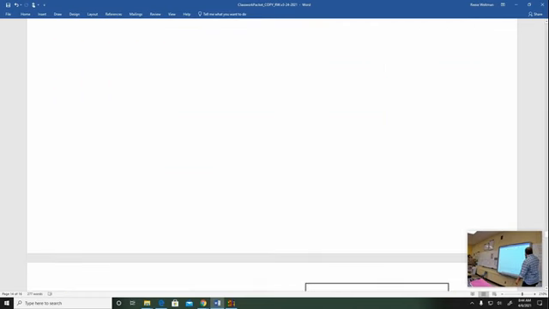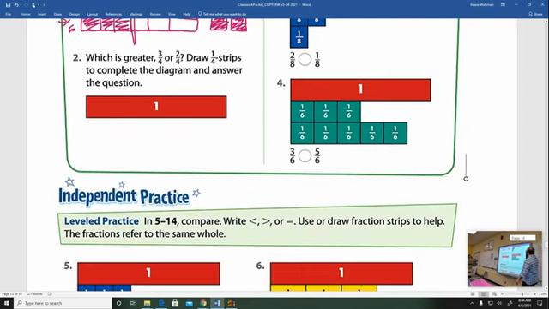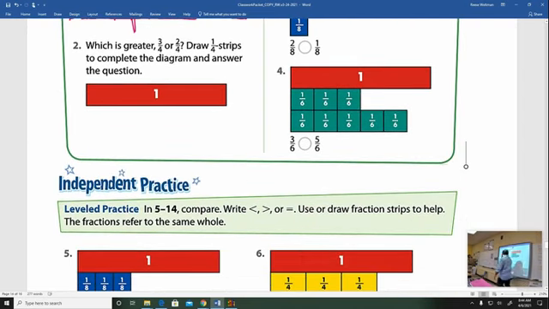Now, let's look at number 2. Which is greater? 3/4 or 2/4? So it asks you, which is greater, 2/4 or 3/4? Draw 1/4 strips to complete the diagram and answer the question. So you have to complete the diagram and answer the question. Remember, circle, highlight, underline the important information.